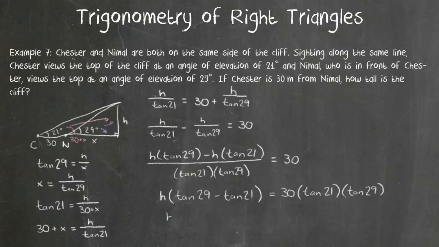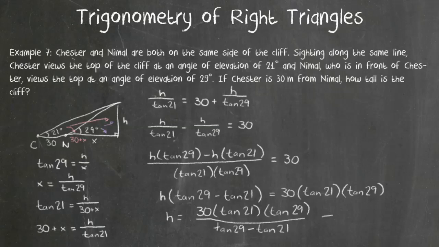My last step here to isolate h is I divide both sides by the tangent of 29 minus the tangent of 21, giving me a value of h equals 30 times the tangent of 21 times the tangent of 29 divided by the tangent of 29 minus the tangent of 21. Okay, we punch all this into our calculator and we get a value for h of approximately 6.8 meters.